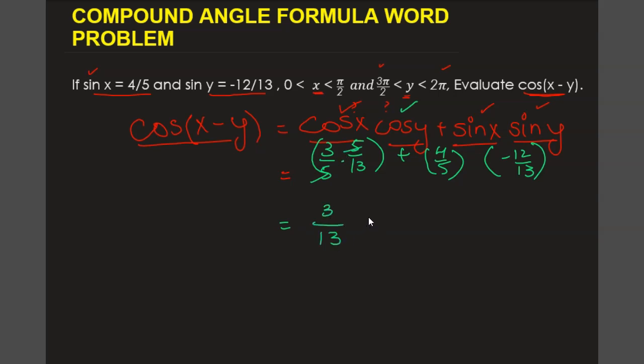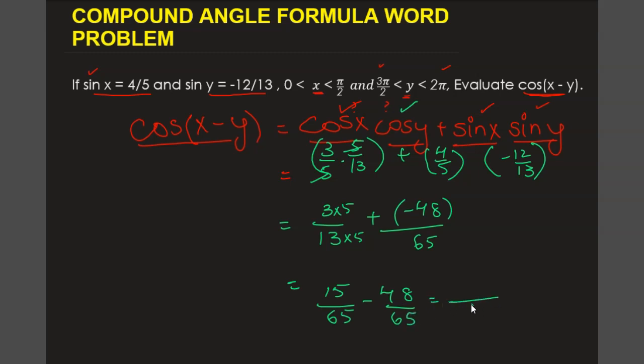We're left with 3 over 13 plus 4 times negative 12, which is negative 48 over 65. We make the denominators common, multiplying this by 5, to get 15 over 65 minus 48 over 65. This gives us negative 33 over 65, and that's our final answer.